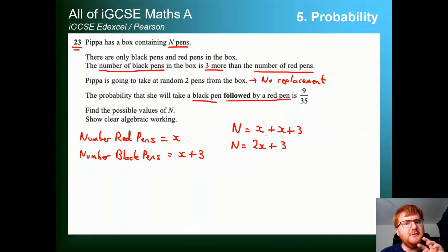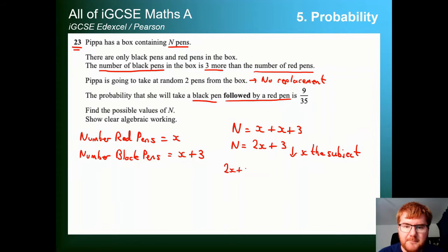Now what I'm going to do here is do a little bit of rearrangement, so I have an expression for the number of red pens and number of black pens in terms of the number of total pens. So what do I mean by this? Well, basically with this, I'm going to make x the subject. Again, a very useful skill across the IGCSE syllabus. So what I'm going to do here is get the x on its own.